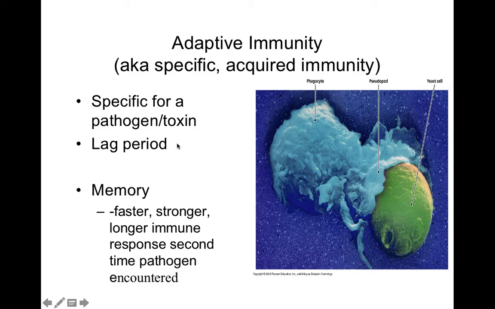Another difference is that the adaptive immune response has to be activated. So there's a relatively long lag period: the first time we encounter the pathogen or the toxin, it might take maybe 10 days, maybe 14 days before, for example, we get a decent antibody response. So this lag period is a huge disadvantage of adaptive specific immunity.